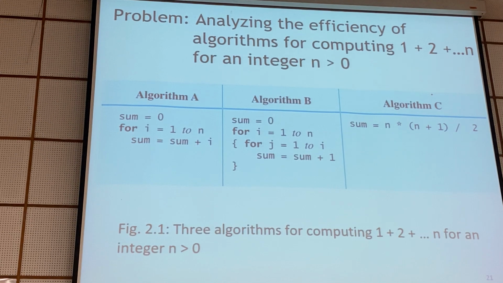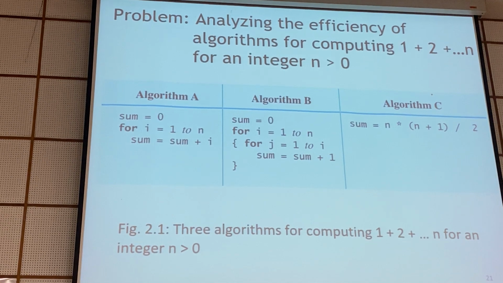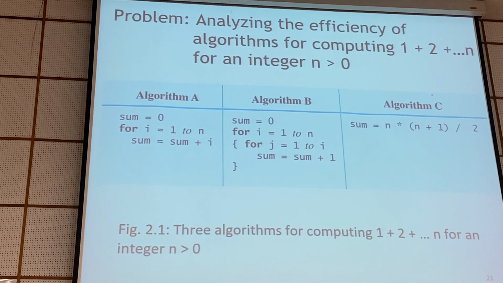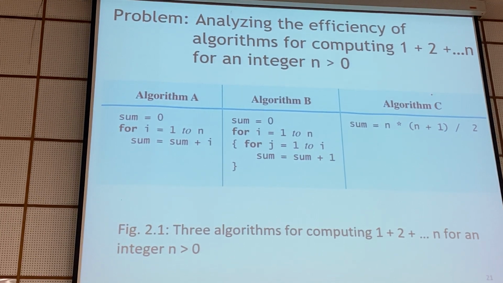We have 3 ways to solve that particular problem: algorithm A, B, and C. The last algorithm simply applies the formula.